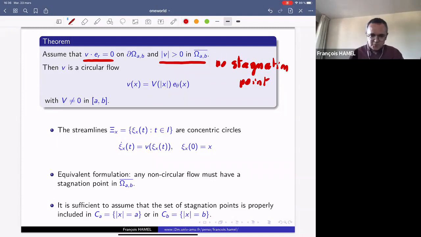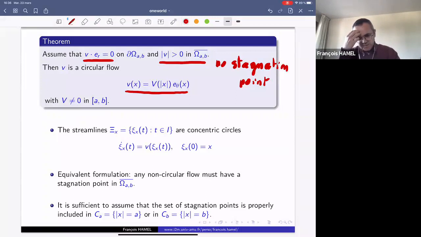Then the conclusion is that v is a circular flow, which means that at each point v is parallel to the vector E theta, and from the incompressibility condition, the amplitude of the flow only depends on the norm of x.